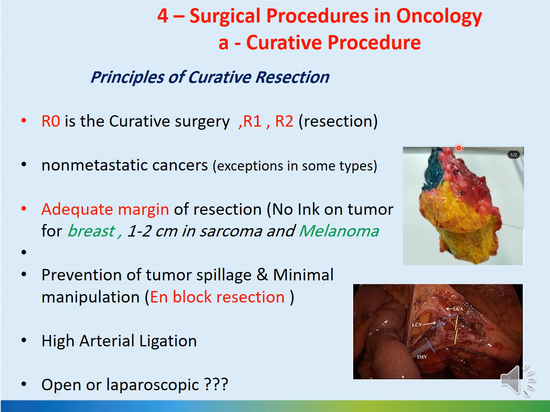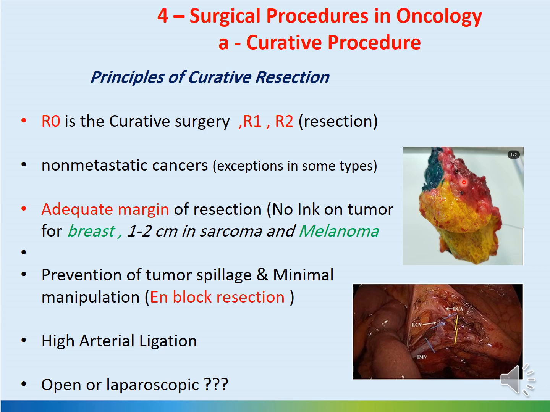After removing the cancer, we ink all aspects of the resected specimen, and the histopathology will examine under the microscope if that ink or area is free, even if it's one layer of the healthy tissue.